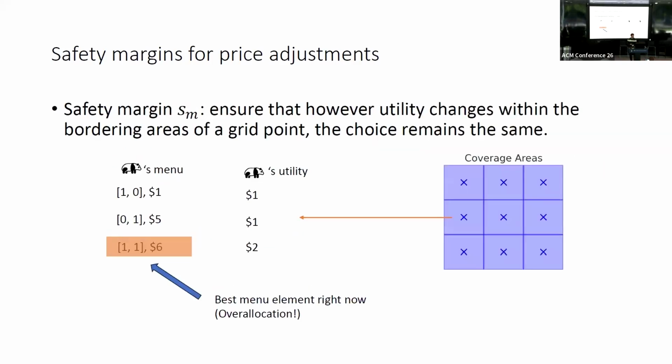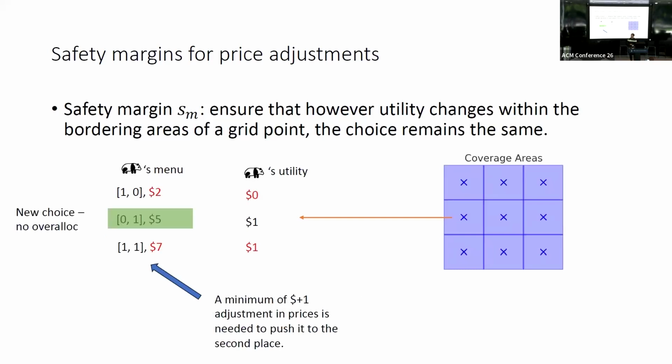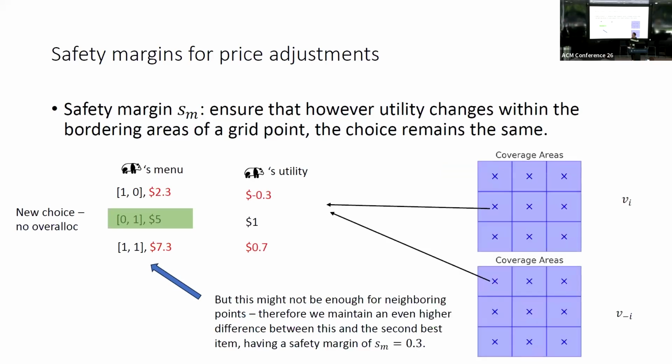So here what we do is that we not only increase it by 1, as in the previous example, which is the minimum amount to make sure that no over allocation holds on this grid point itself, we increase it by a little bit more than that. And this amount is what we call a safety margin.